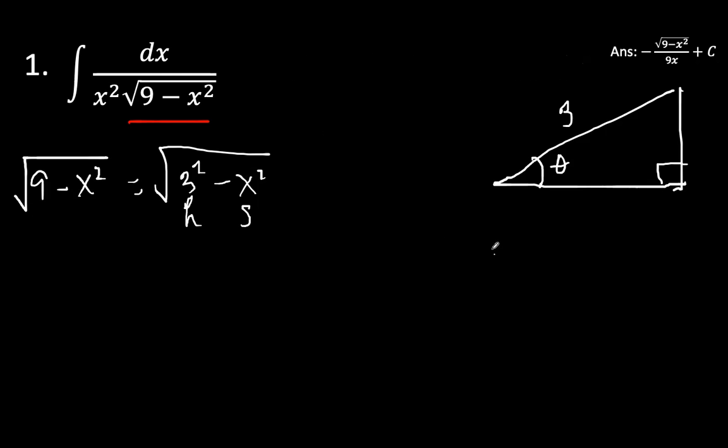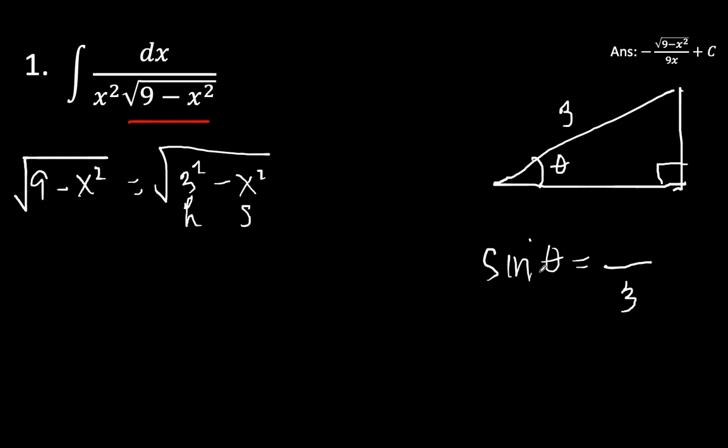If this is our theta, sine theta would be opposite over hypotenuse, and our hypotenuse is 3. We want to make this equation simple. We will be avoiding complicated expressions for us to easily identify the derivative and other things that we are going to do with this equation.